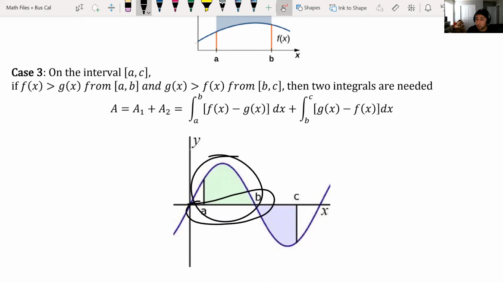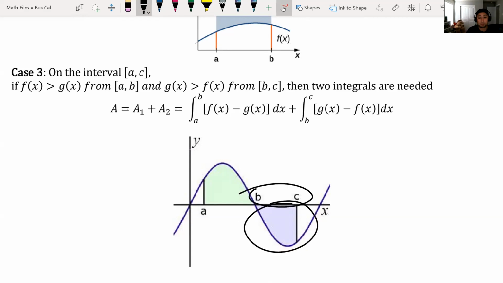So that would be area 1, which is the first integral setup, which means f of x is greater than g of x. And then from the interval B to C, we have another area, which would be area 2, which gives us the setup for the second integral. So this may happen, all right? And if it does, well, we know we're going to have two integrals. Okay, so these are the three cases for finding the area between two curves.